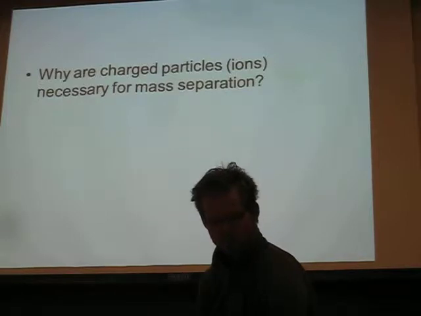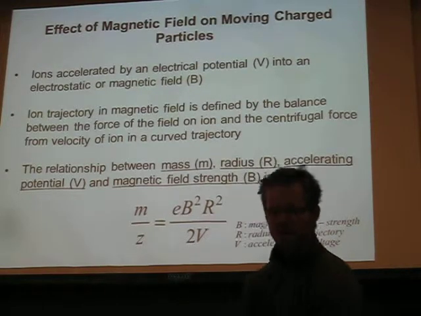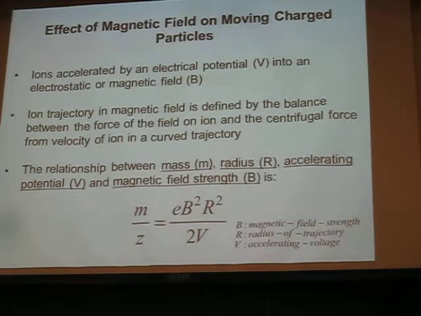So we already talked about this. We know why particles have to be charged. What's cool about this is thinking about the engineers who figured out, under these varying magnetic and electrostatic fields, how the ions are going to behave and how they're going to fly down the flight tube of the mass spectrometer.